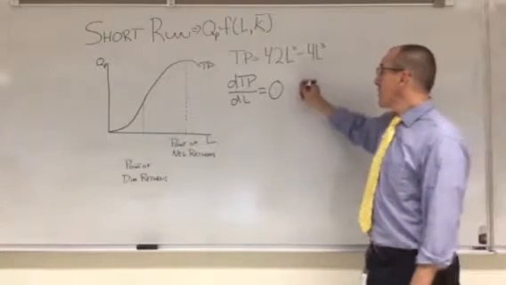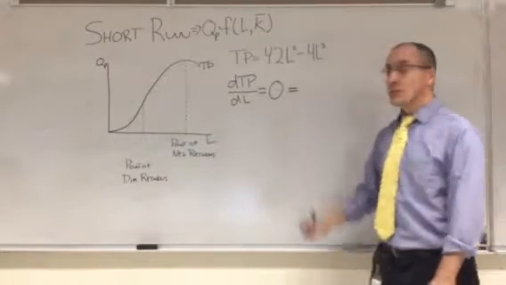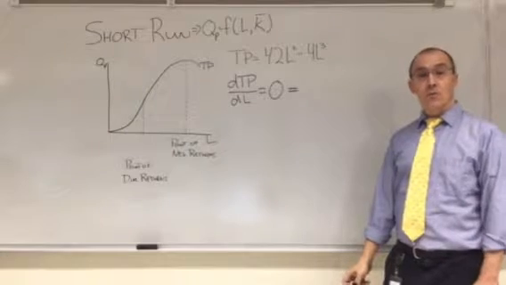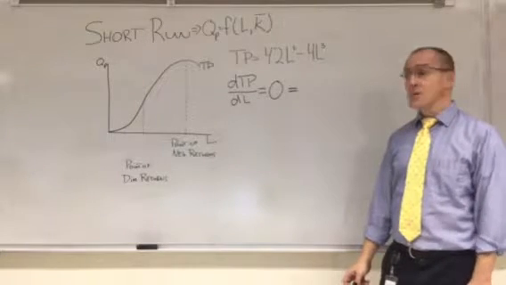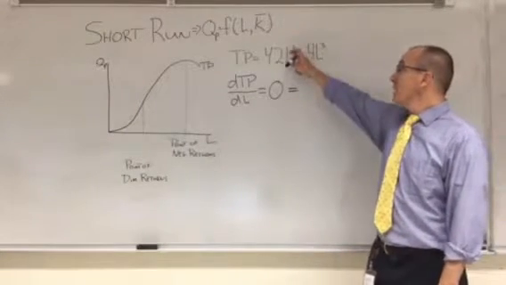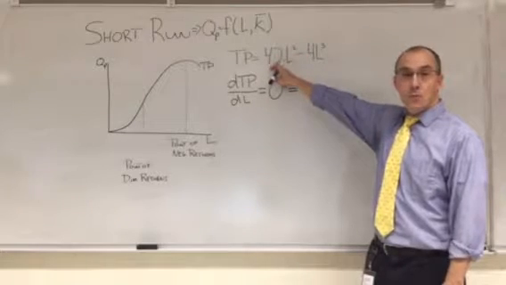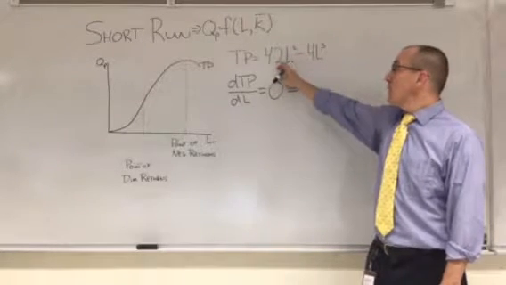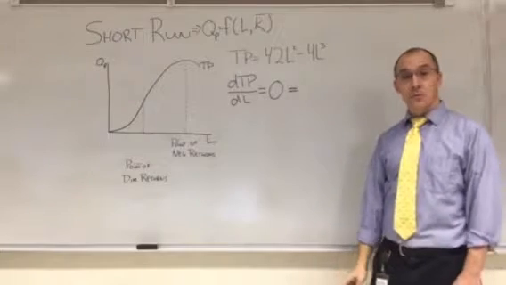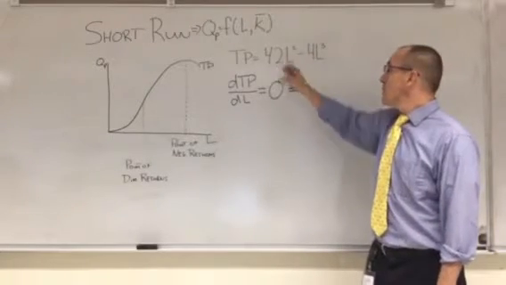Now, to figure this out mathematically, I use a calculus rule called the power rule. It's a very simple rule. All I do is take the exponent, bring it down, multiply it by the number in front, and subtract 1 from the exponent. In this case, the 2 comes down.